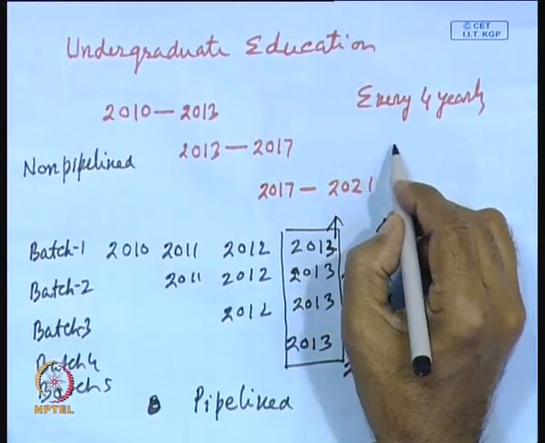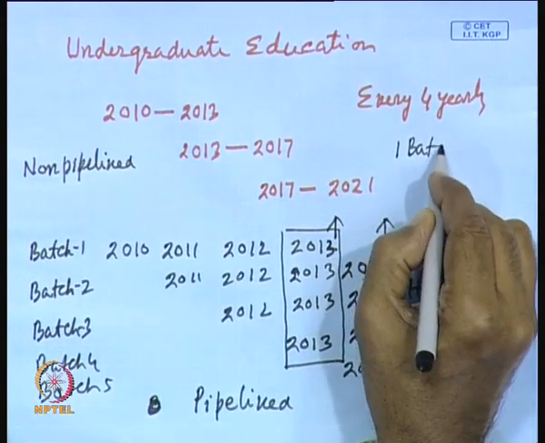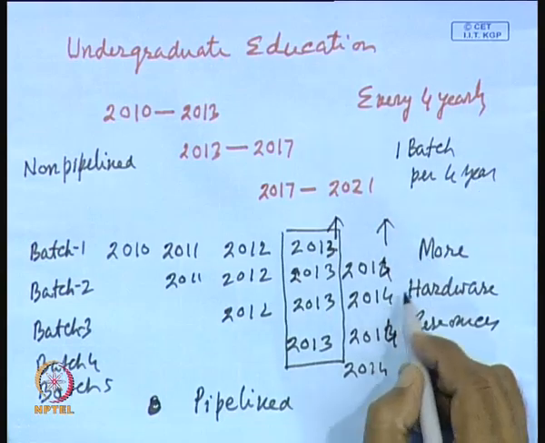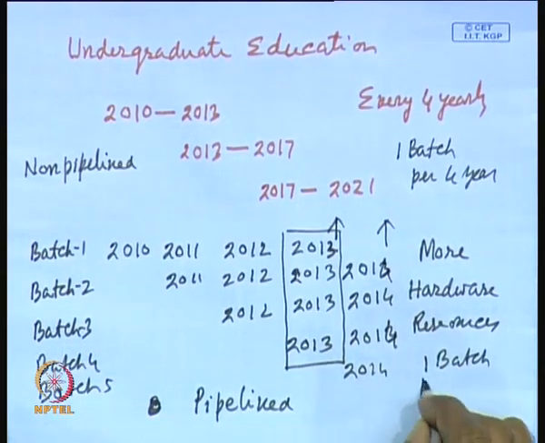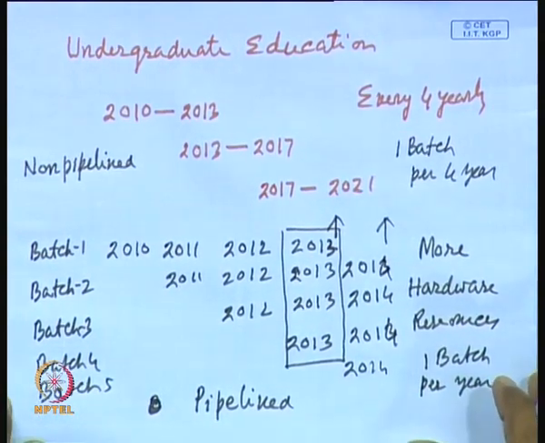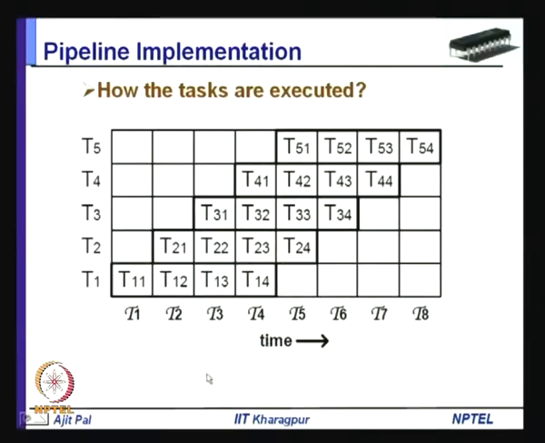Earlier it was one batch per 4 years, and here it is one batch per year. So, throughput is 4 times by using pipelining. This is a very simple example of pipelining, and in the same way pipelined education takes place.